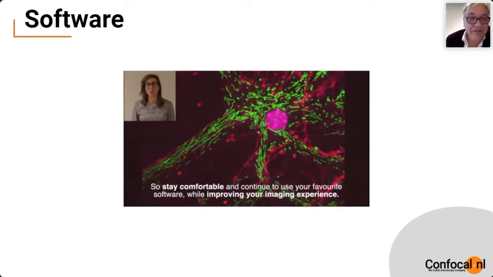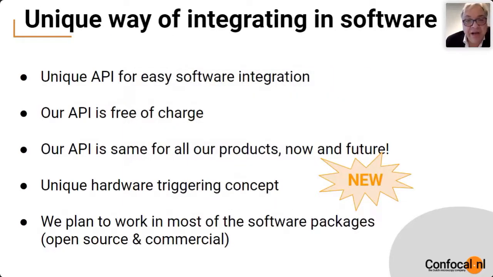Software. This is Noelia. She's in the teaser movie. She talks about staying comfortable and continuing to use your favorite software while improving your imaging experience. What did she mean by this? The next slide shows that we have an API available, which some software companies have integrated into their systems. Integrating the API is fairly easy.